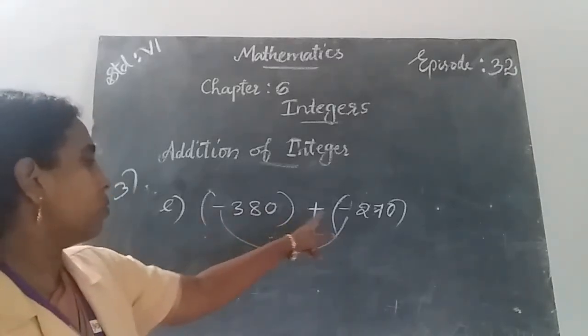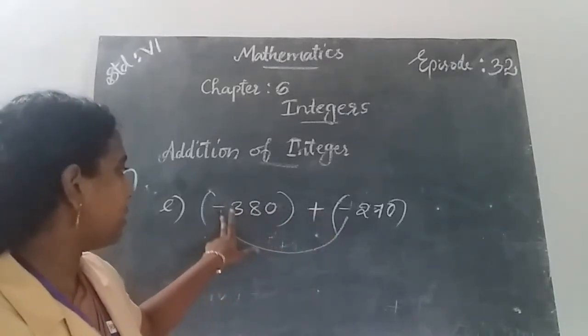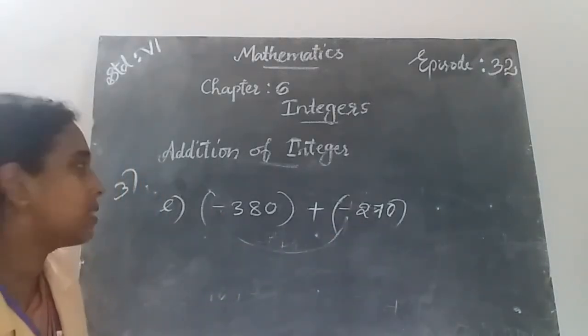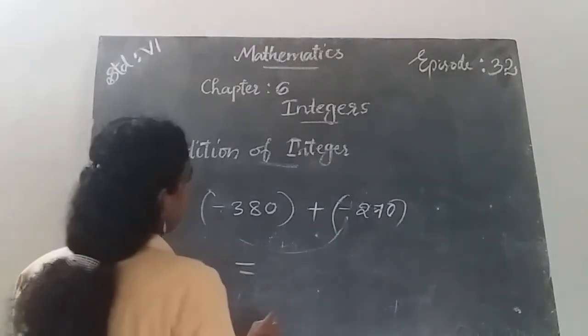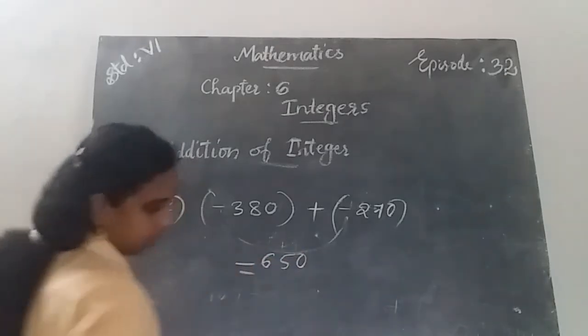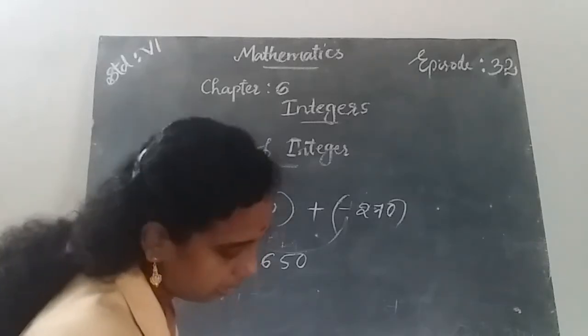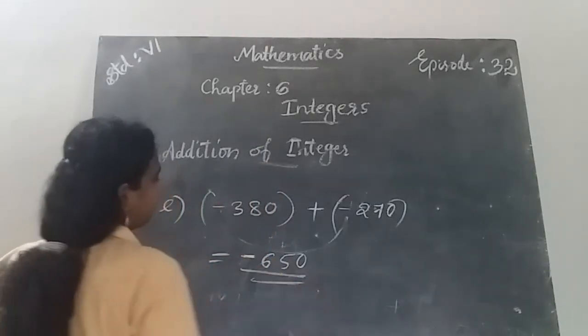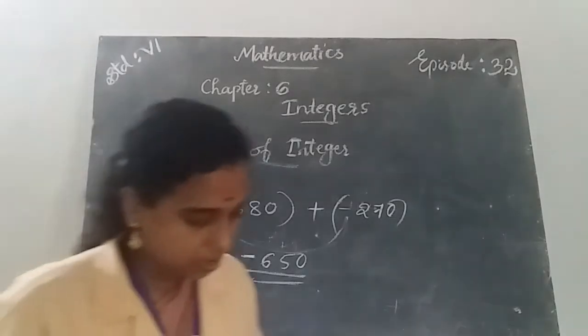So first we add these two numbers, then take the negative sign. Okay, if we add these two numbers, then we get 650 and take the negative sign, so we get negative 650.